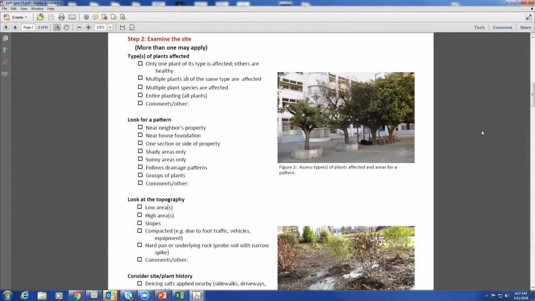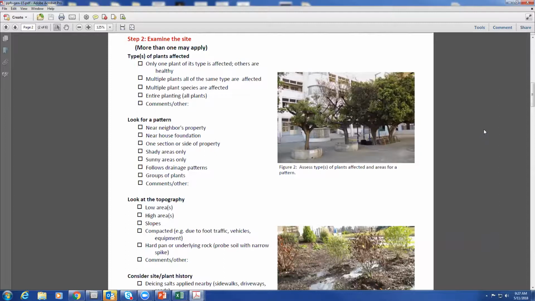So any patterns that you see, is it all the shade plants, all the sun plants, all the bottom of the hill, all of one species, maybe everything against a new sidewalk, maybe everything closest to the neighbor's yard, or maybe there's a gradient or a continuum coming from what we call a hot spot, and it looks like there's some type of drift. So looking for patterns is probably the most important thing that we as specialists or diagnosticians need from our end, because we're seldom in the field with you. So collecting that, or asking that stakeholder to collect it, is really important.